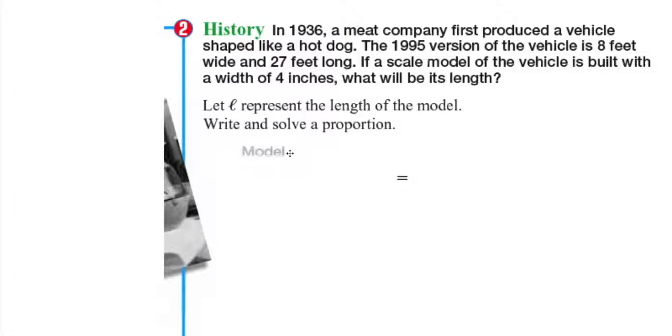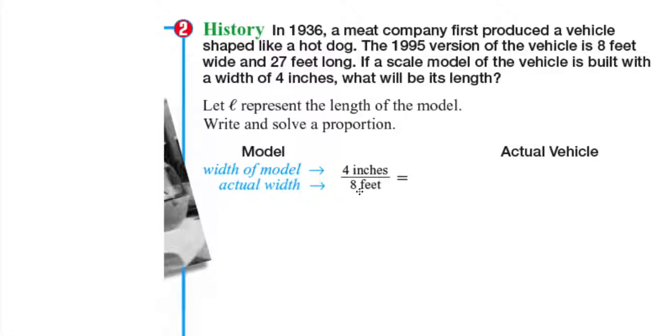This is our model on the left side of our proportion, and on the right side will be the actual vehicle. We know that the width of the model is 4 inches, it's given, and the actual width of the vehicle is 8 feet.